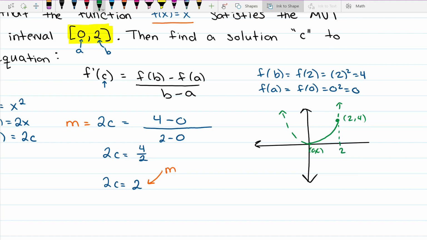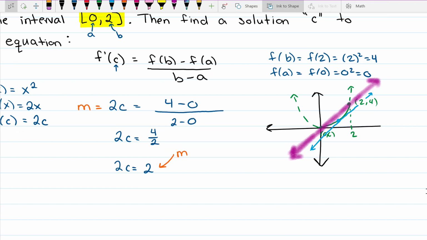And what this means is that if I were to draw a line that extends from here to here, the slope of this line is, in fact, 2. So what we want to do then is find the point here where this tangent line is parallel. Well, all we really need to do is solve for c.